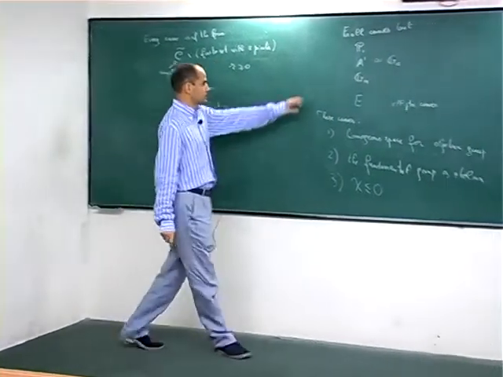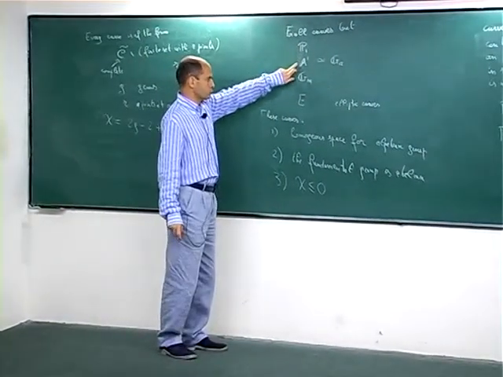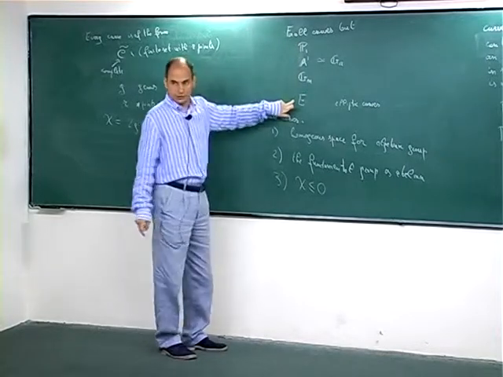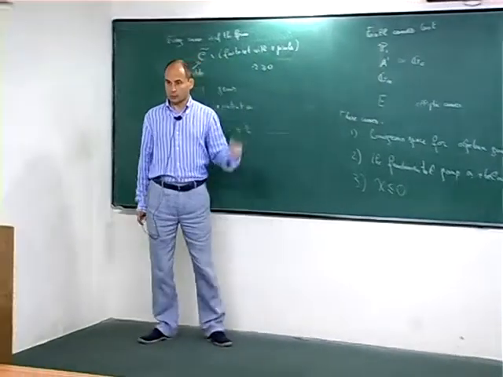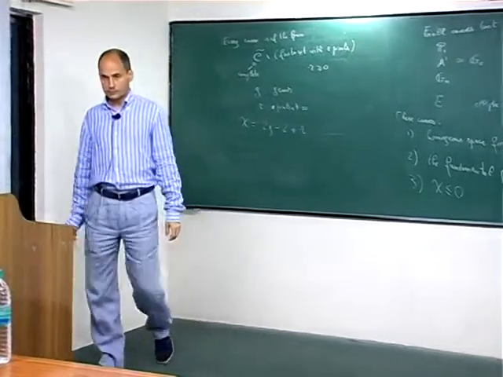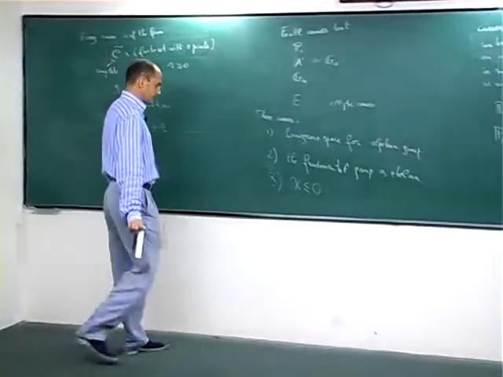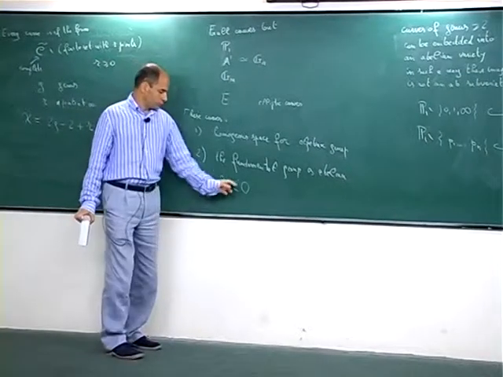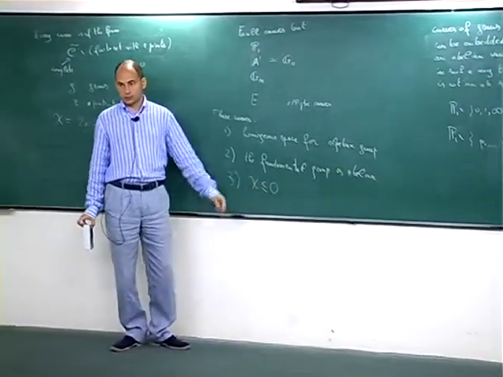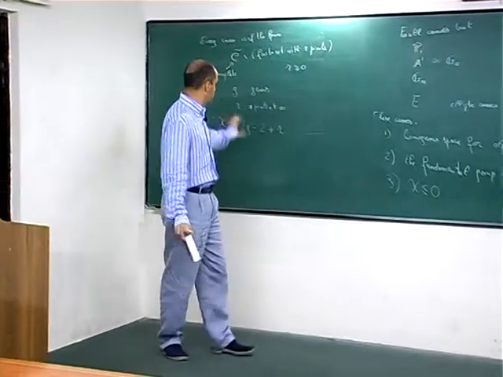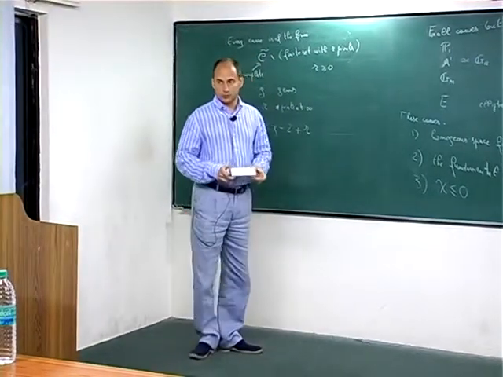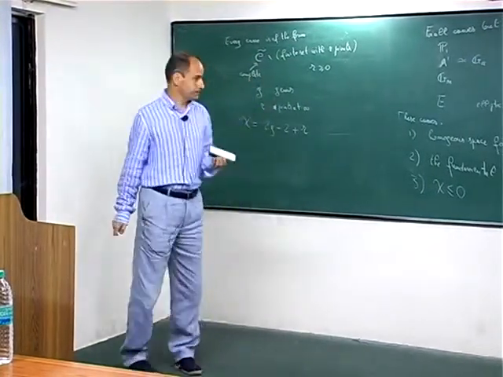In this case, it's minus 2, it's minus 1, it's 0, and it's 0. And in all other cases, it's strictly positive. So again, one can try to figure out what should be chi in higher dimension, which topological invariants should be taken into account.